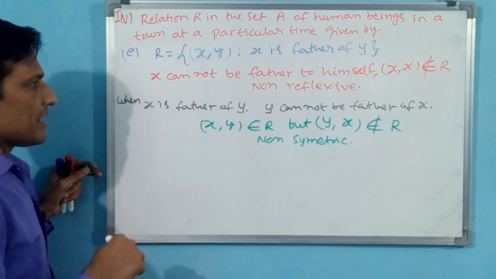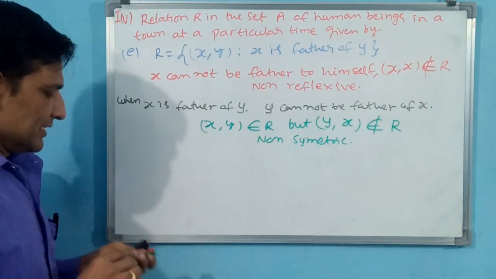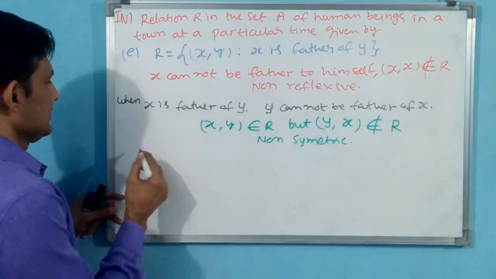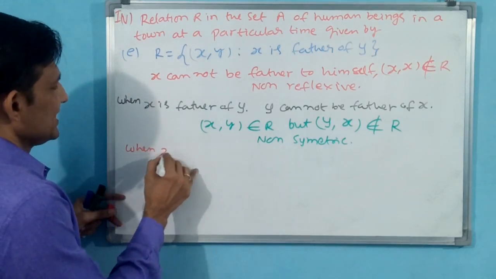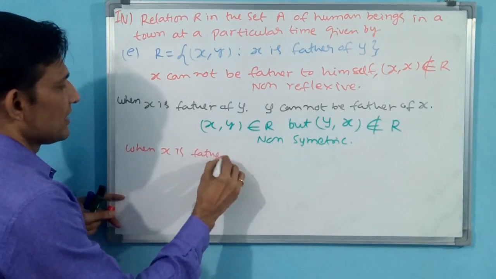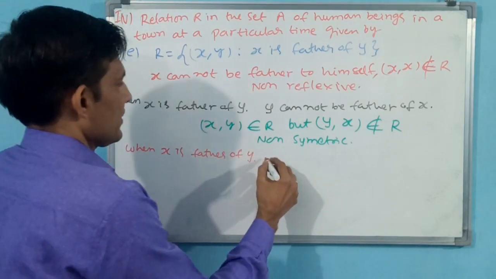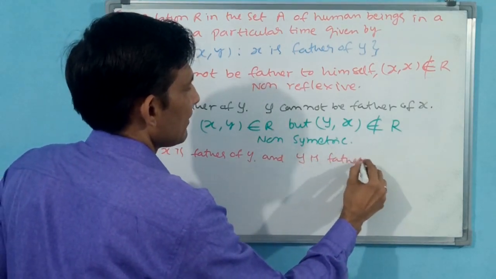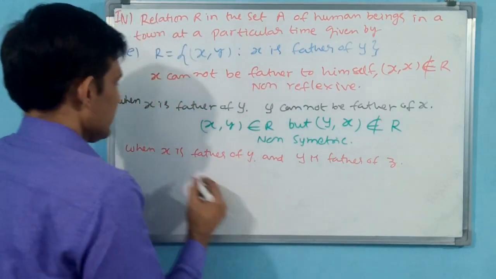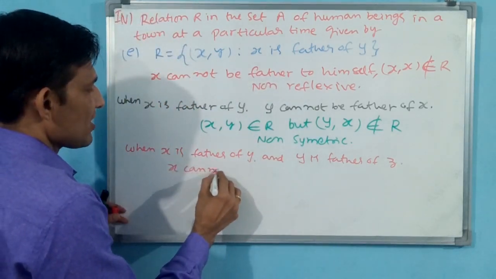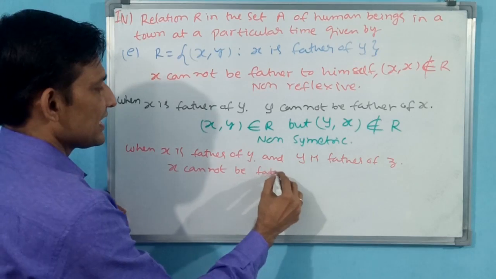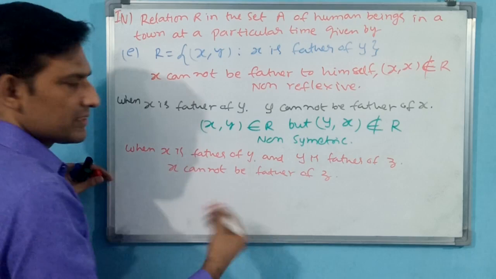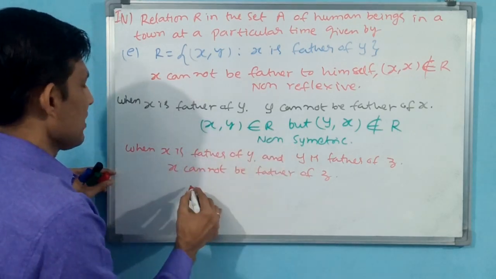We come to the third relation. How to write? You see, when X is father of Y and Y is father of Z, X cannot be father of Z. Okay, that is why non-transitive. But you mention the symbol also.